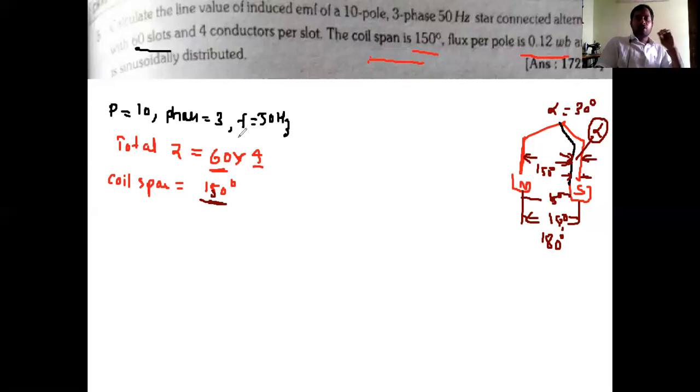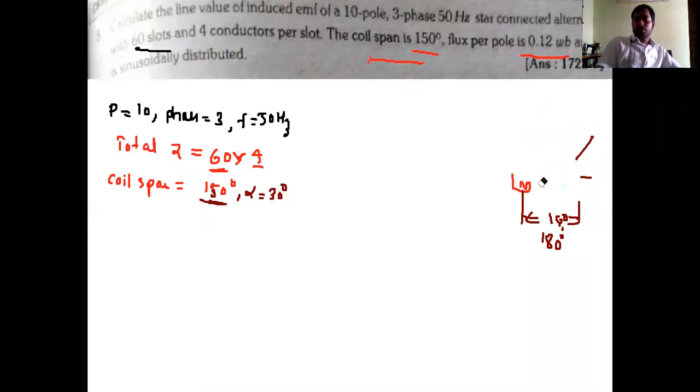Sometimes he gives short pitch angle alpha directly, like 30 or 20, and you can substitute directly. But here he gives it indirectly through the coil span. So alpha is 30 degrees. If you want this data, you can pause the video and copy.